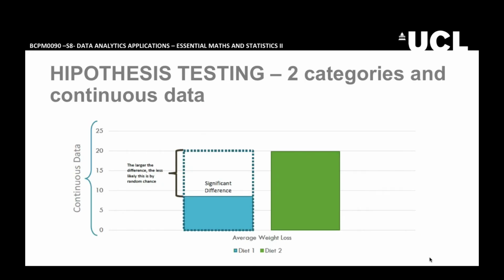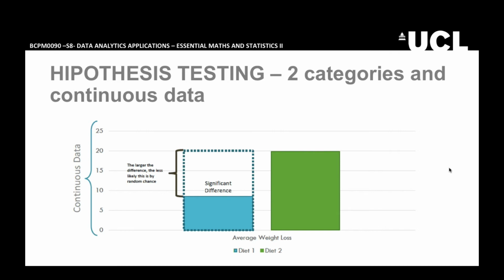Here you can see an example of two groups, two categories, when measuring continuous data. In that case it is the average weight loss from following two different diets, diet 1 and diet 2. You can see that the individuals following diet 1 lost less weight than the group of individuals that followed diet 2.